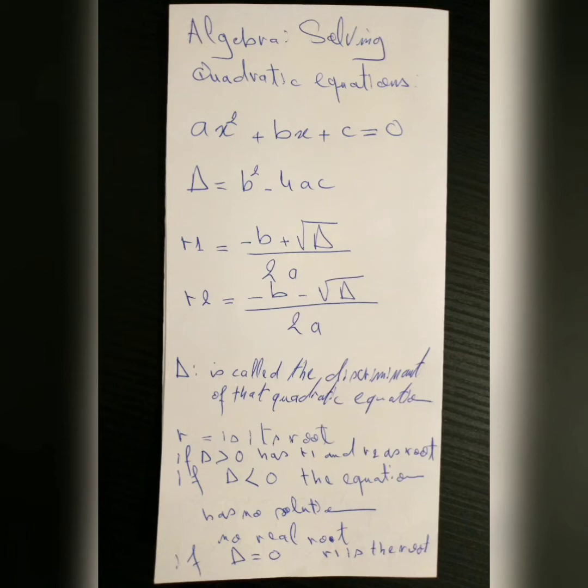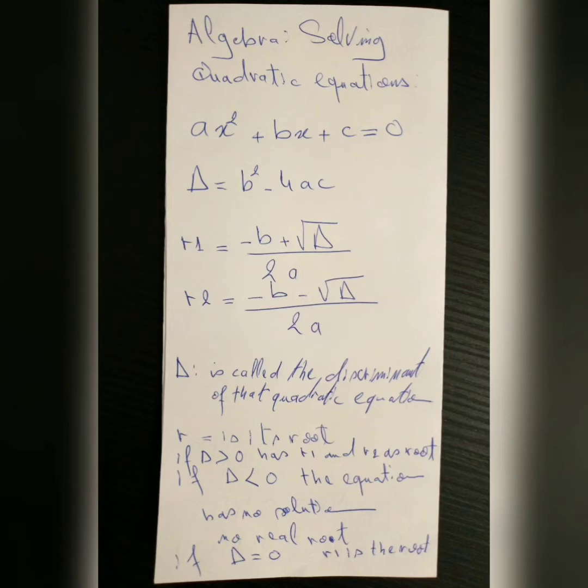And in the other case, when the discriminant is negative, strictly less than 0, the equation has no real root. It means we cannot solve it in the real numbers. In mathematics, there is a possibility to solve this kind of equation in the imaginary numbers.